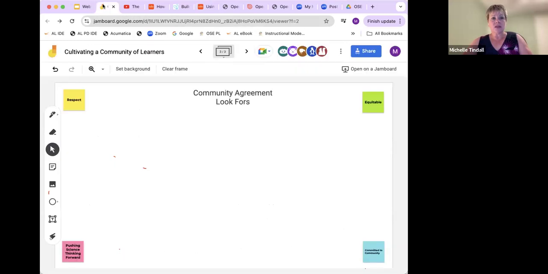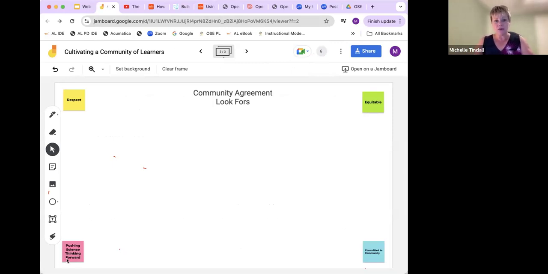So as students are working through these community agreements, think about having them jot down, what does it look like if somebody walks into our classroom and we're showing each other respect? What does it look like if we're being equitable? Now that's one that students might not have a good handle on. What does it mean to be equitable? Help them understand what it means to be equitable, and then have them come up with their look-fors.